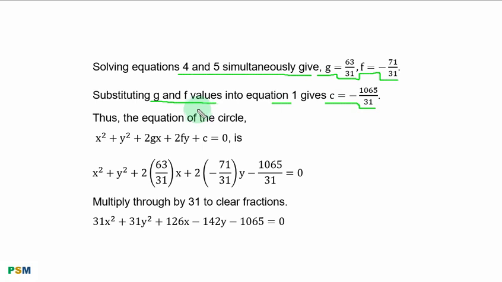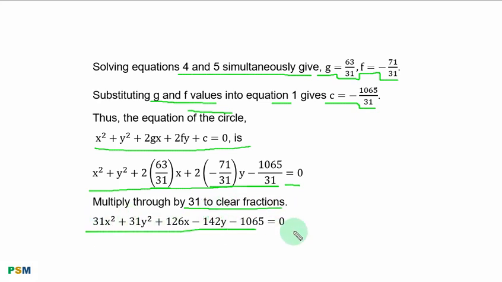Thus, the equation of the circle written in this form earlier is equal to this. You replace g with 63 over 31, f with this value, c with this value, equal to 0. Multiply through by 31 to clear fractions. You have the required equation.